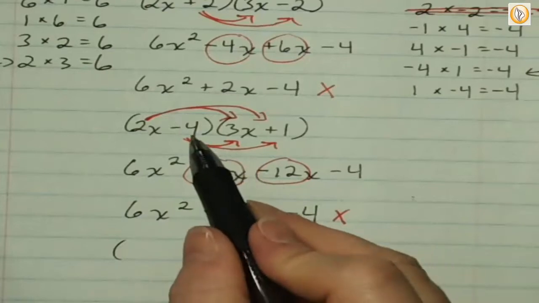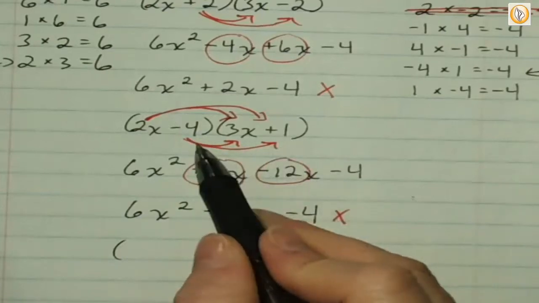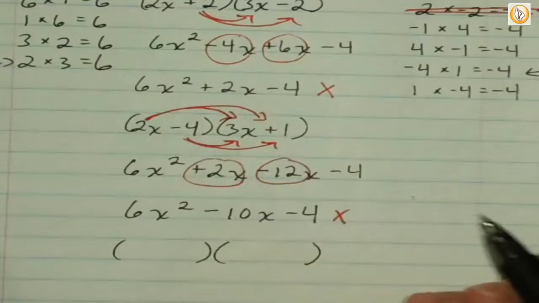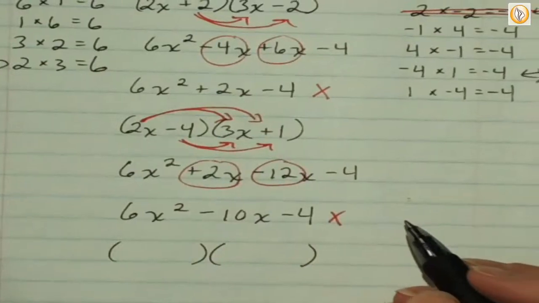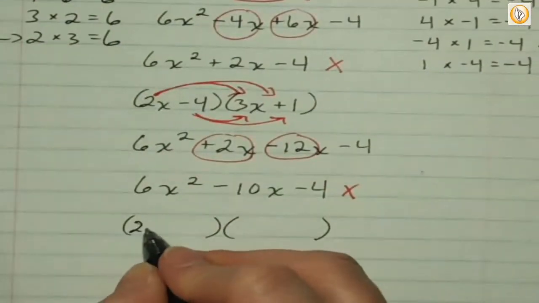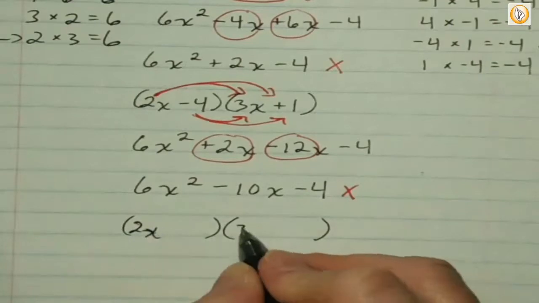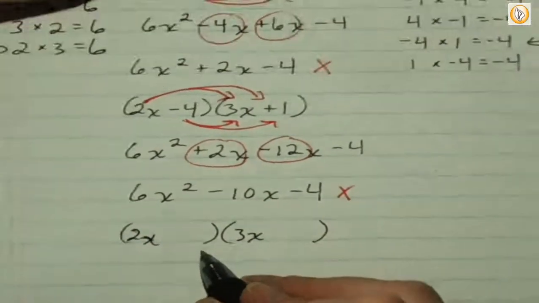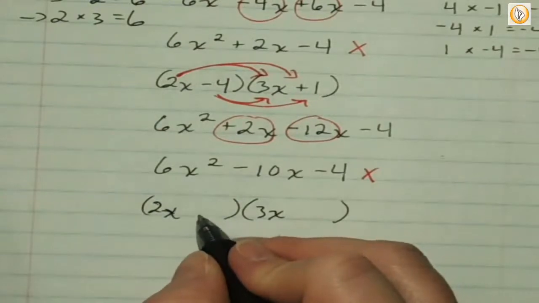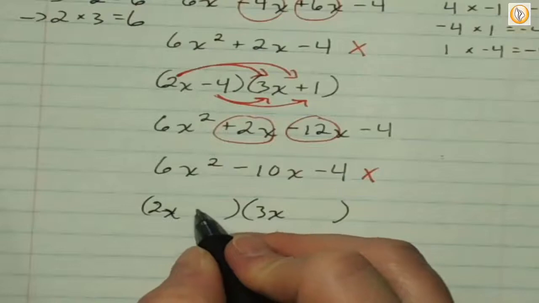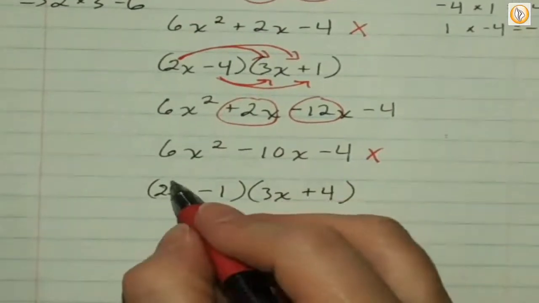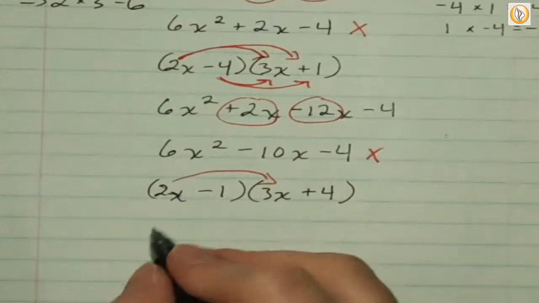Yes. Or we could switch the 4 and the 1. Put 1 here and 4 here. Yeah, we can. So let's do 2x and 3x. So what would I put here? Plus or minus 1. And then plus 4. Let's try it out. That would give me 6x squared.